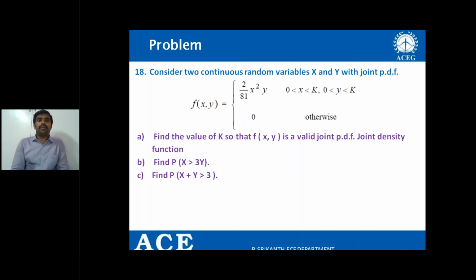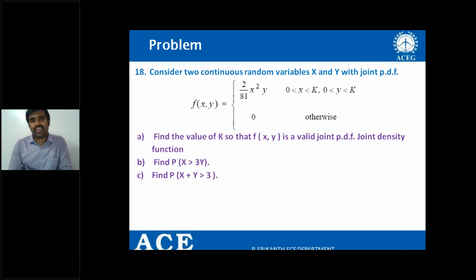Simple problem. Consider two continuous random variables x and y with joint PDF. What is the joint PDF? Probability density function, joint density function, fx comma y of 2 by 81 into x square y for the interval 0 less than x less than k, constant value k, and 0 less than y less than k, and 0 otherwise.